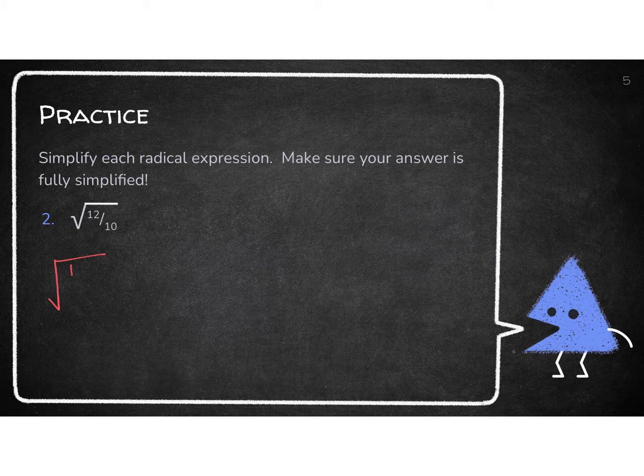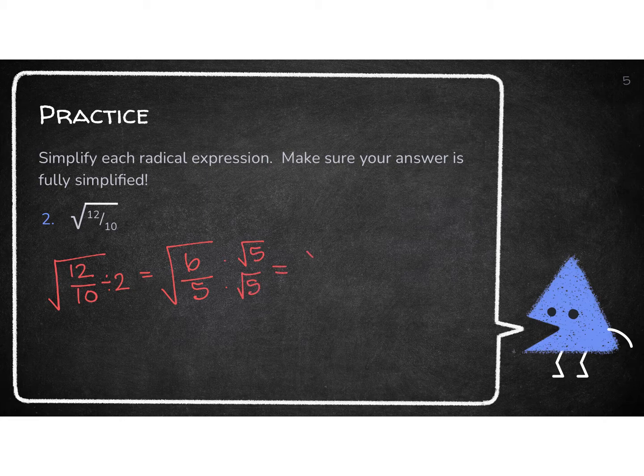Let's look at this one. I have the square root of 12 over 10. So I know right away that both of these I can divide by 2. That's going to give me the square root of 6 over 5. From here, I'm going to multiply top and bottom by the square root of the denominator. In this case, it's 5 again.